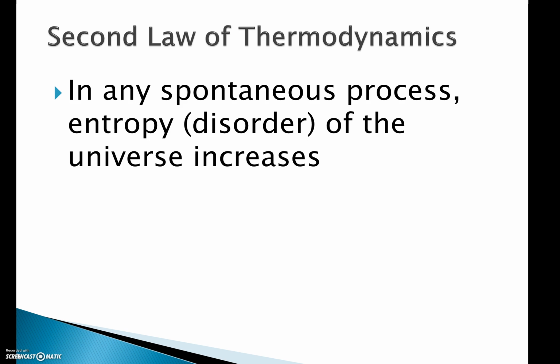Now, let's look at a new topic. We're going to look at the second law of thermodynamics. And when we deal with the second law of thermodynamics, it's dealing with the entropy of a system. When we talk about entropy, we're dealing with the disorder in a system. And matter tends to go towards more disorder.